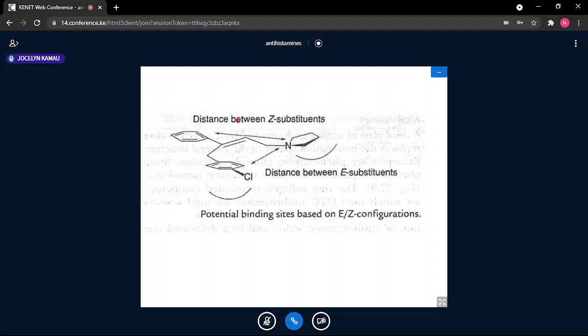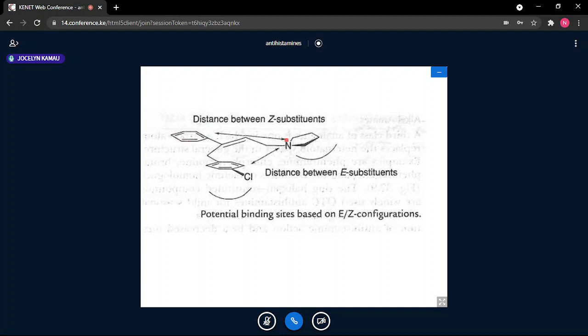For our Z isomer, if you are to look at the distance between the Z isomers, it would be when this ring and that ring are on the same side. Remember this is a big ring and that is a big ring. If they are on the same side, that will be the cis isomer, when the two big rings are on the same side.